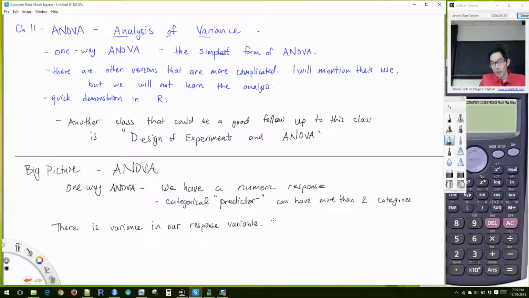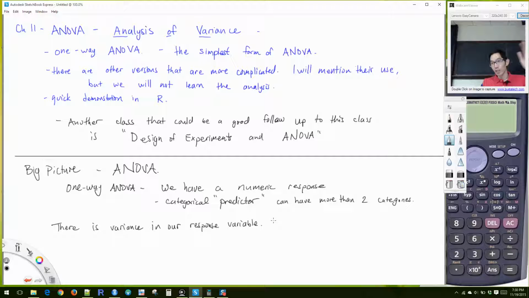You might have 2 people of the same height, but in general all of these people will have slightly different heights. So we have variance in our response, and we want to separate out the reasons for these height differences. We could just say everyone is a different height because everyone's different. That's kind of our baseline. We could just say people are different.